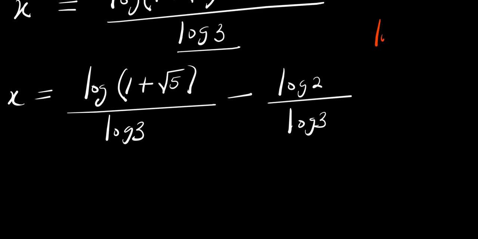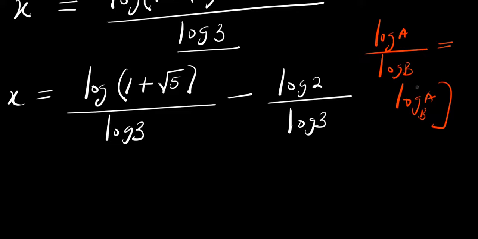Let me use this other property. We have log A divided by log B, because that's where we are now. This is just like having log A to the base of B. This property is very important. So we apply it here.